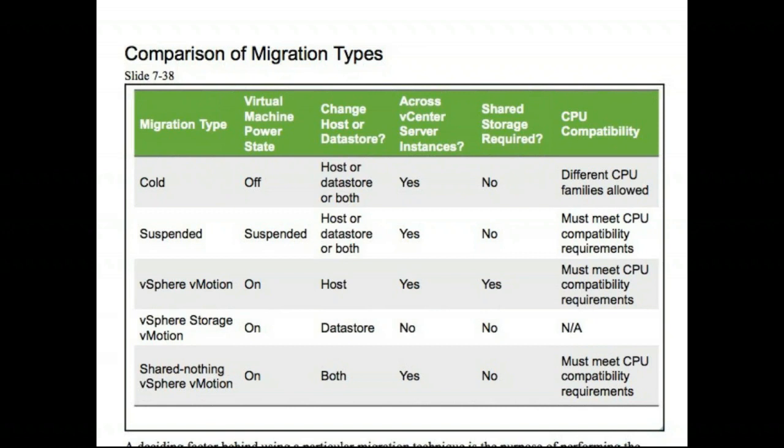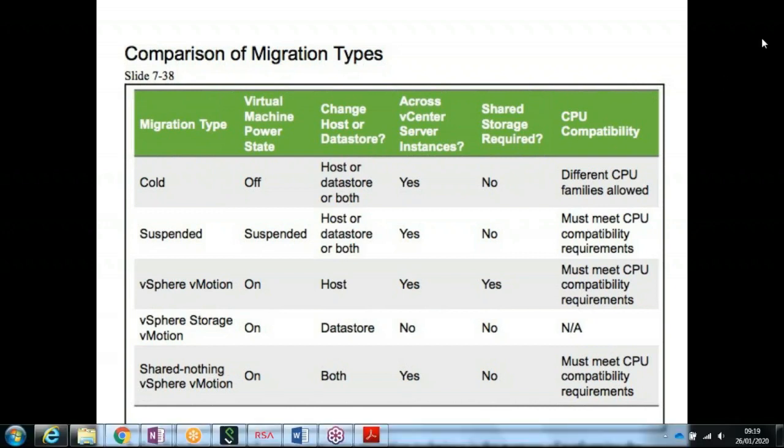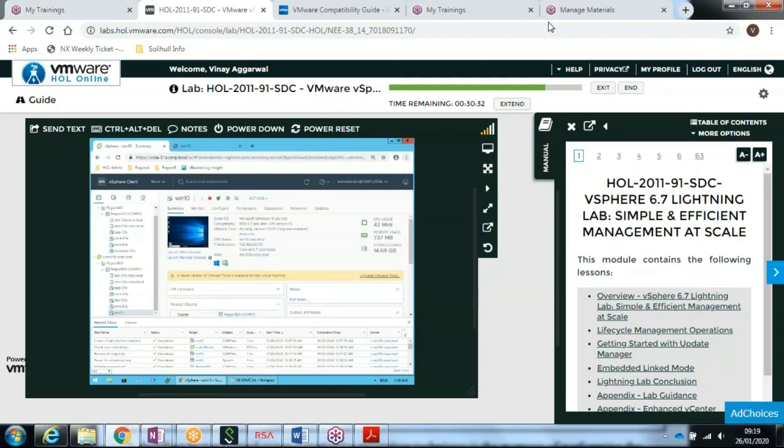Okay. Is there any shared storage requirement? No. And CPU compatibility. When we say CPU compatibility, means whether the same CPU is required or not at the source and the destination host. So that is not required. Different families can be done.